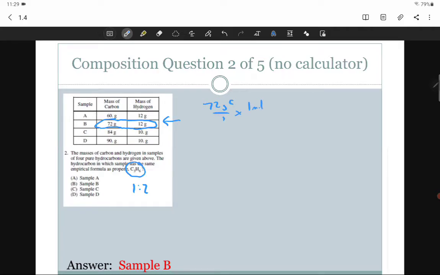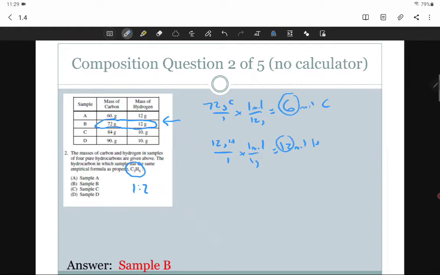then 1 mole of carbon is 12 grams. So that's going to give you 6 moles of carbon, and then 12 grams of hydrogen, 1 mole per 1 gram, is 12 moles. So guess what?